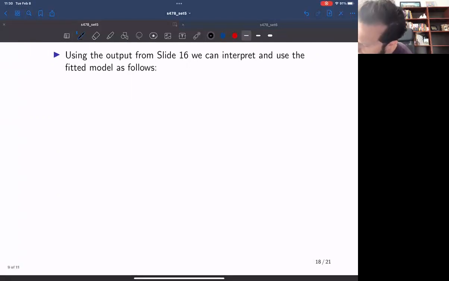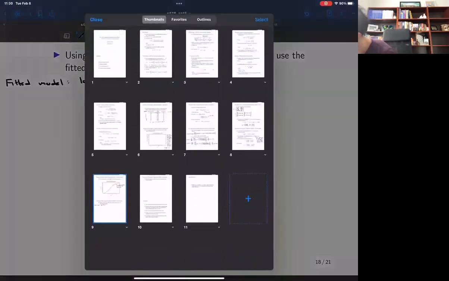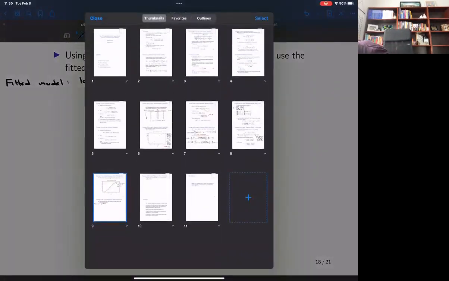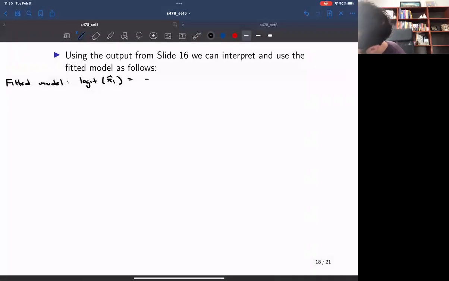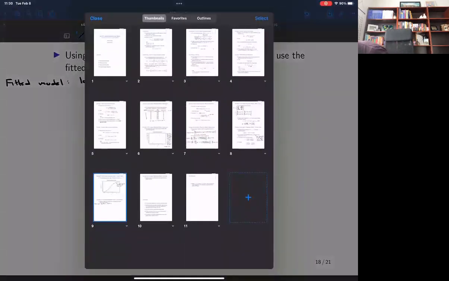So we have the logit of pi i hat is equal to negative 60.72 plus 34.270 xi.